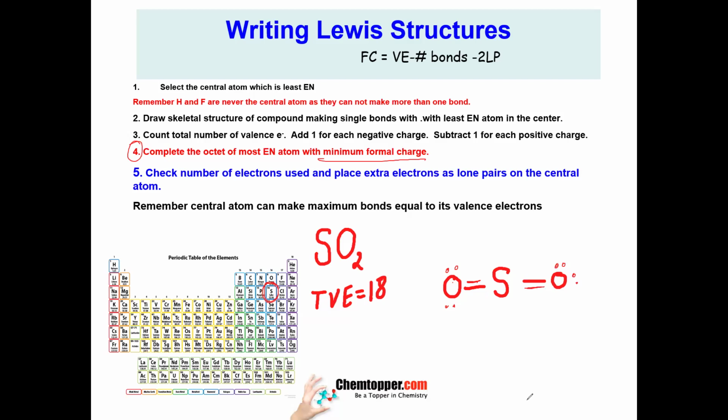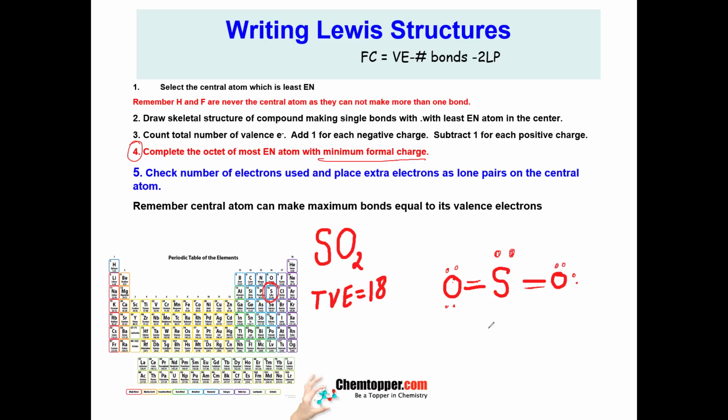Now check how many are used, how many are left. Where will these two go? As a lone pair on the sulfur, right? So that's the Lewis dot structure of SO2. Check how all are used now. What's the formal charge on sulfur?